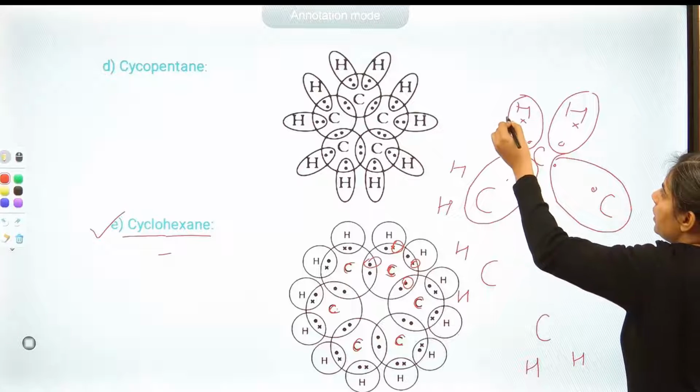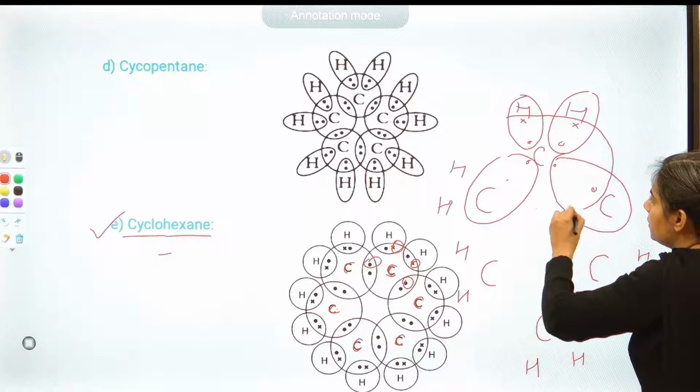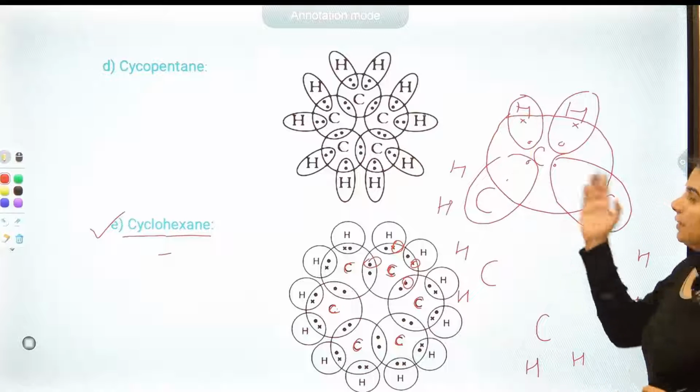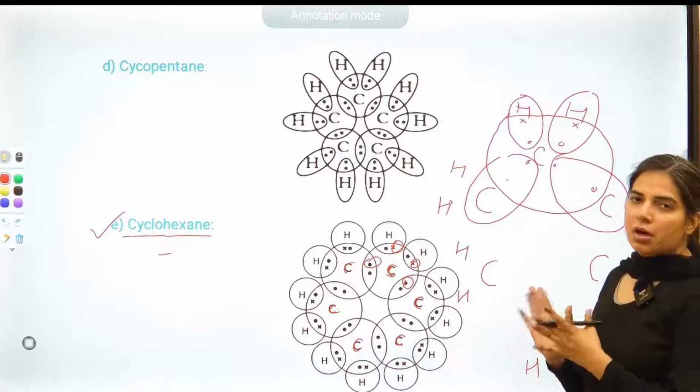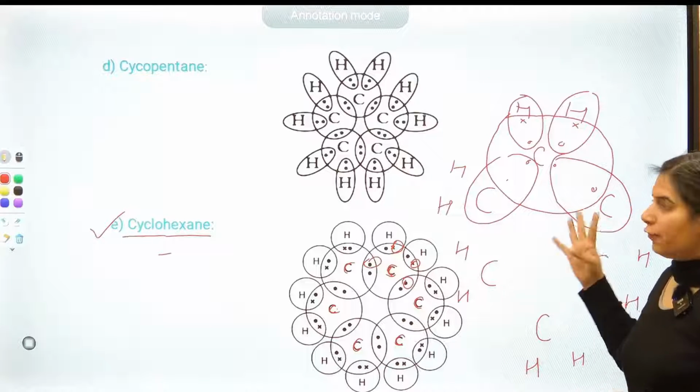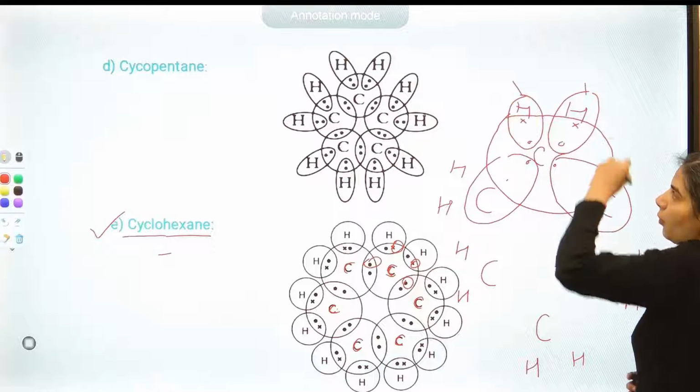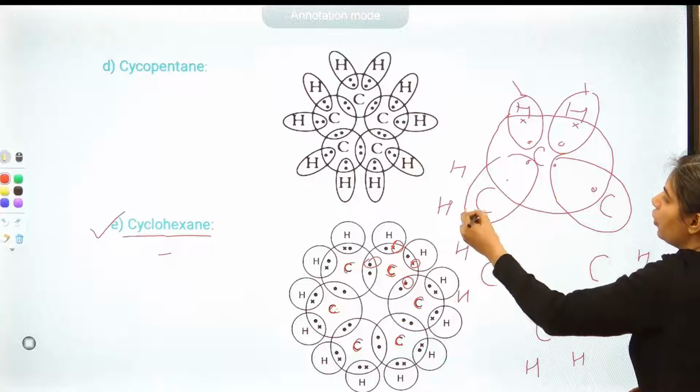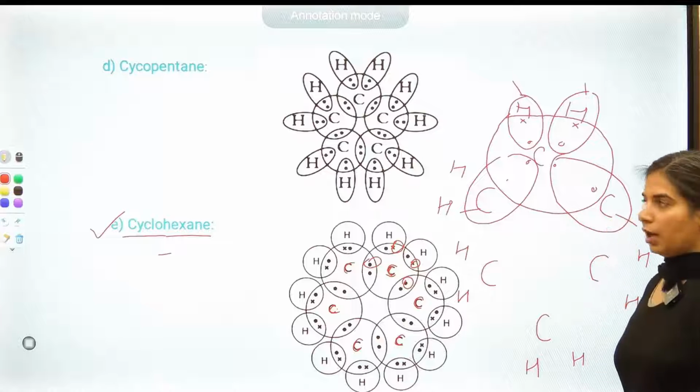And collectively, if I talk about here, this carbon is able to complete its octet by sharing 4 electrons, 2 from the 2 hydrogens and 2 from the 2 carbons.